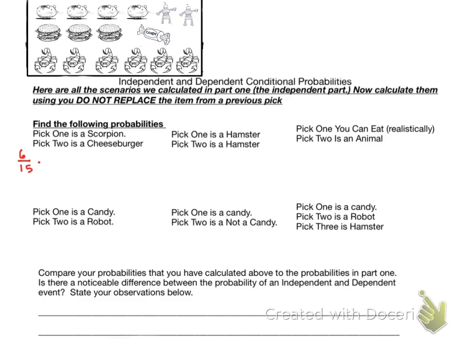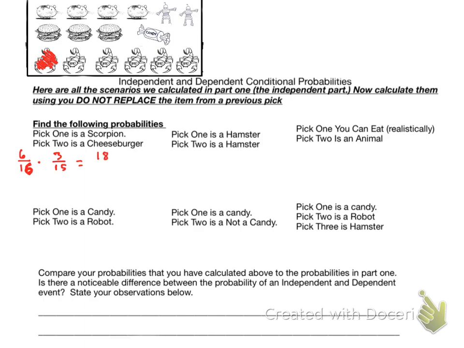Okay. Times pick two is a cheeseburger. So imagine one of our scorpions is gone. Pick two is a cheeseburger. Now we're looking at 3 out of 15. Oh, that should be 16. Got ahead of myself. So scorpion is 6 out of 16, and now picking a cheeseburger is 3 out of 15, which is the same odds we had earlier.